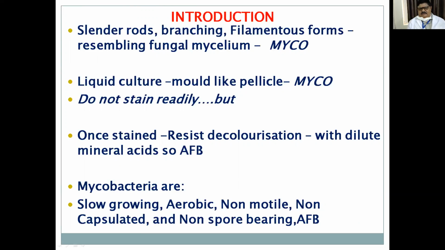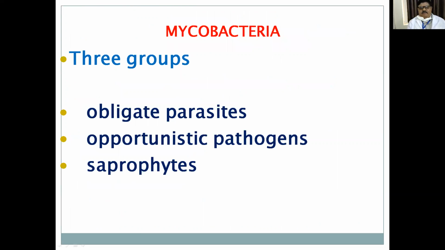They're not readily stainable, but once stained, they resist decolorization with dilute mineral acids. So, they are acid-fast bacilli. So, in a word, slow-growing, aerobic, non-motile, non-capsulated, and non-spore-bearing acid-fast bacilli. They are your Mycobacteria.